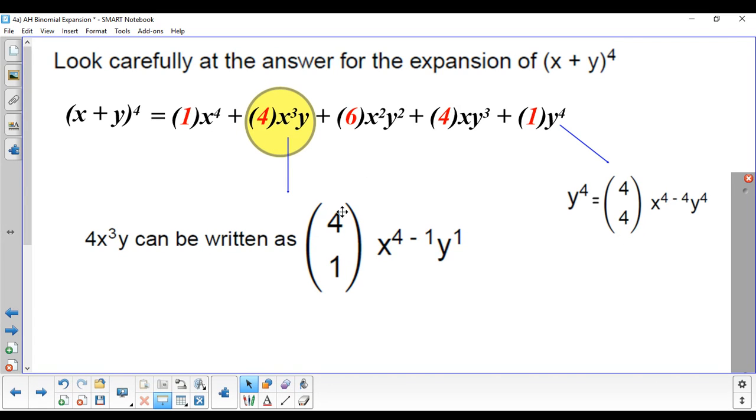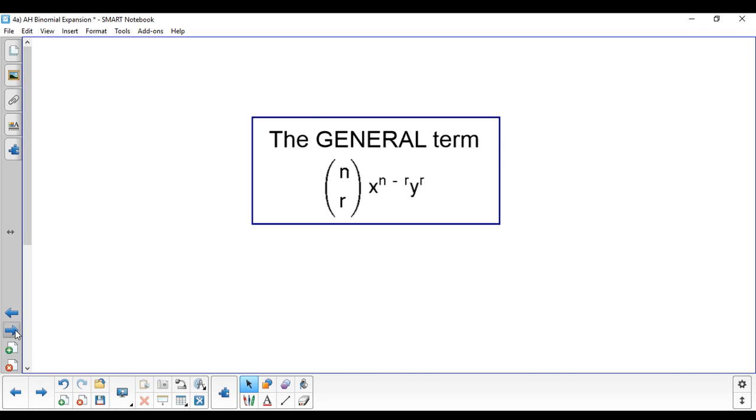So there is a connection between the numbers here, and you'll find the top number is always what the power is. So the general term is of this format, where whatever your power is will go here, and whatever part you're looking at will be the r. So if I was looking at 4, 1, it'd be 4, 1, and then 4 take 1. And then if it was 4, 1, the 1 would go there, okay?